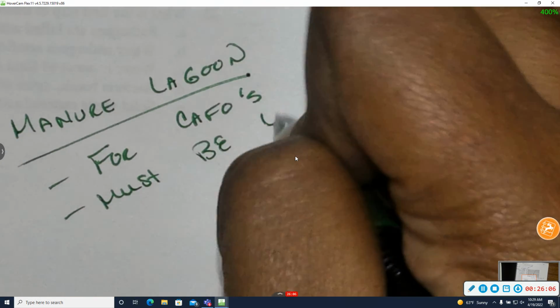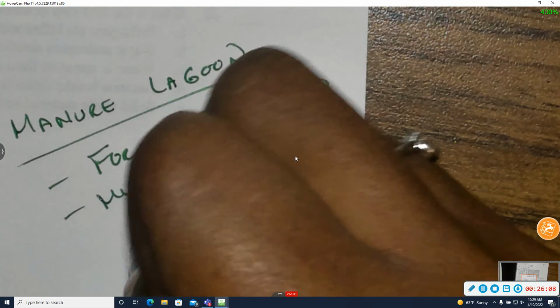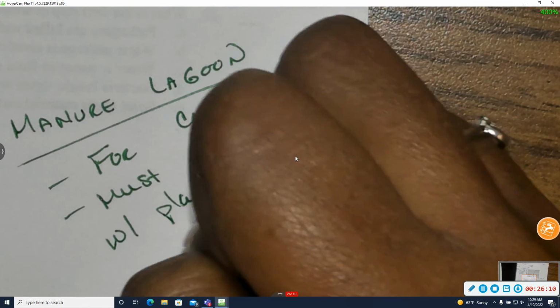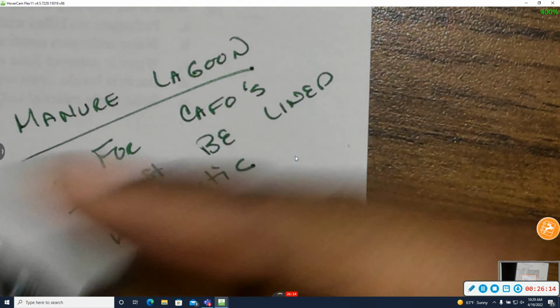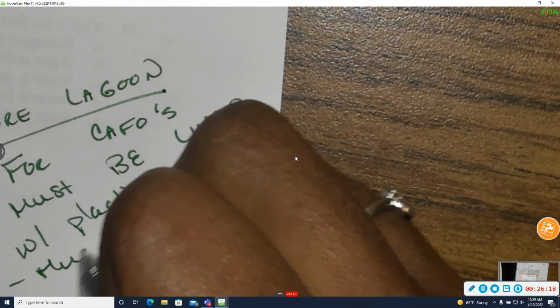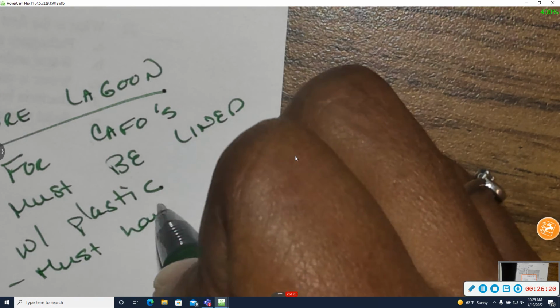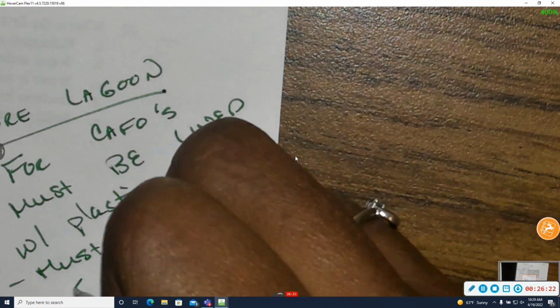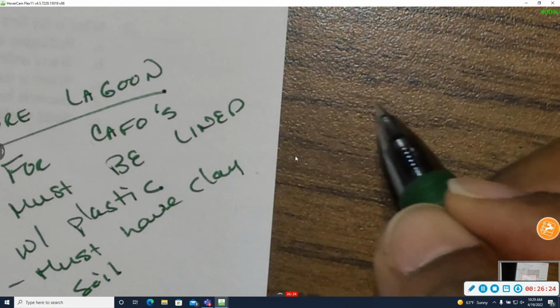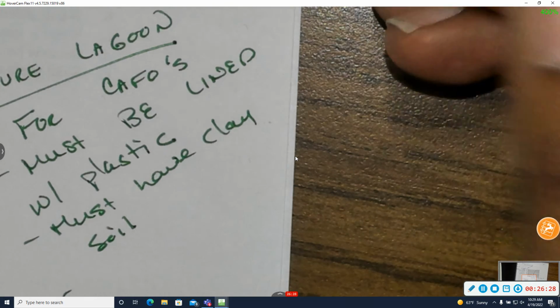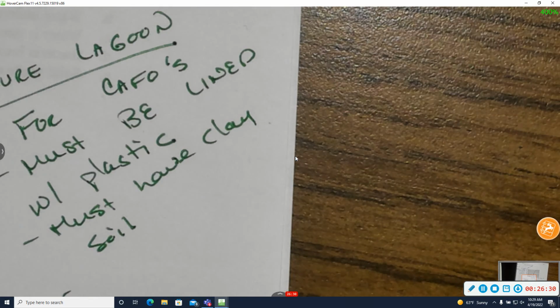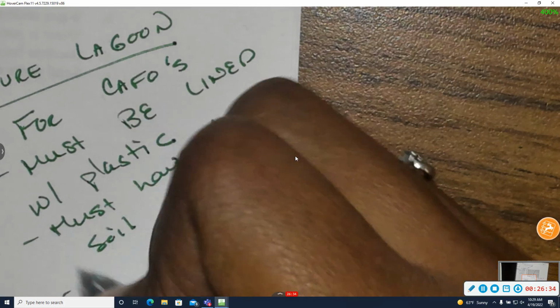They must be lined with a plastic, and you must have clay underneath them, just like a landfill. But unfortunately, if it rains, you might have a lot of that sewage or manure leaching.